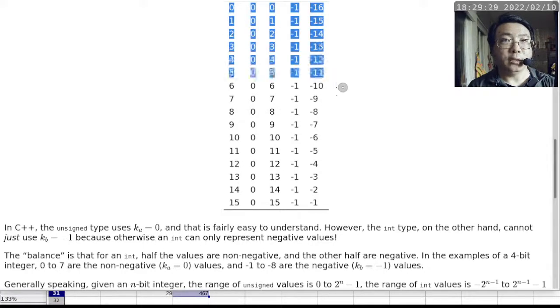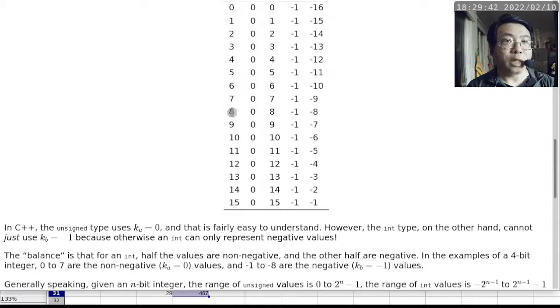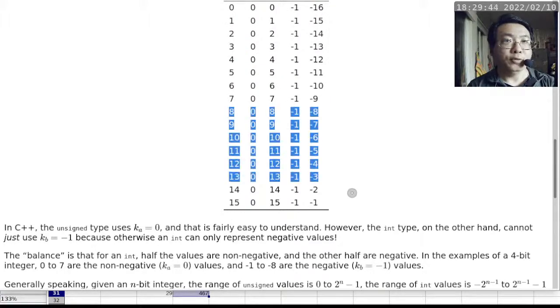Okay, these are the first 8 rows here. They are always going to be using a equals to 0. In other words, the coefficient is 0 for these first 8-bit patterns. And then for the second 8, if you want to declare a variable as int, which is signed, then we use kb equals to -1. We use -1 as a coefficient.